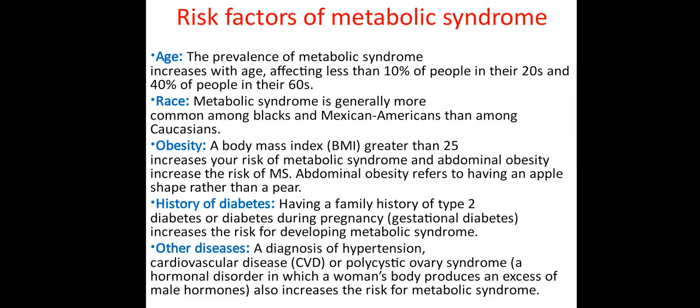What we mean by abdominal obesity is that the patient has an apple shape rather than a pear shape. Another risk factor is a positive family history of type 2 diabetes mellitus or gestational diabetes. This will increase the incidence or prevalence of developing metabolic syndrome.